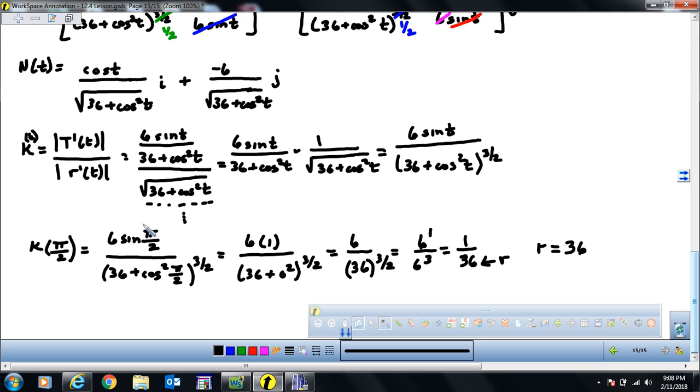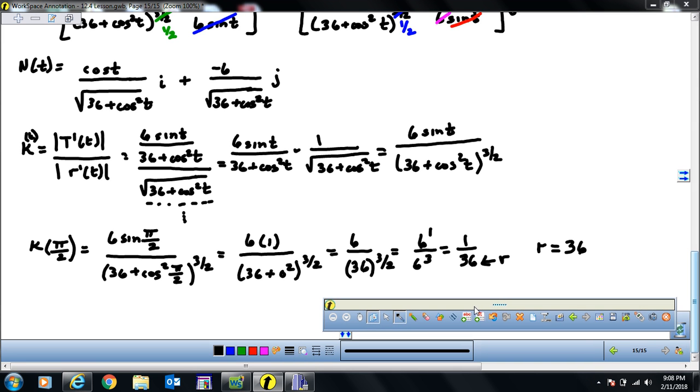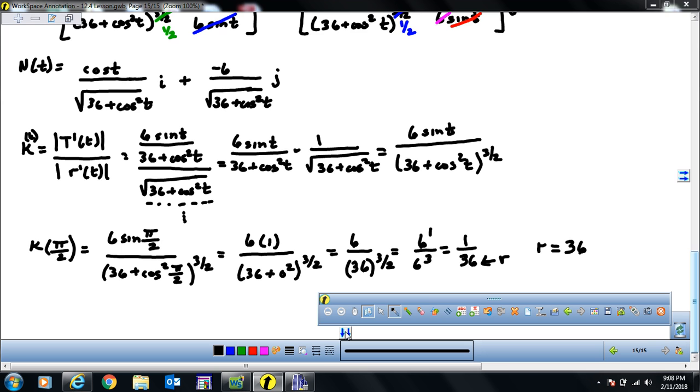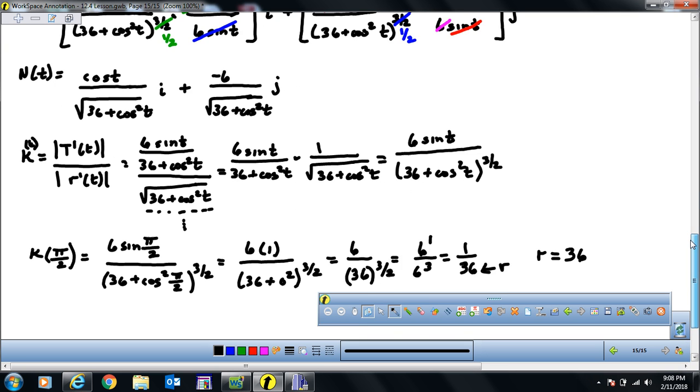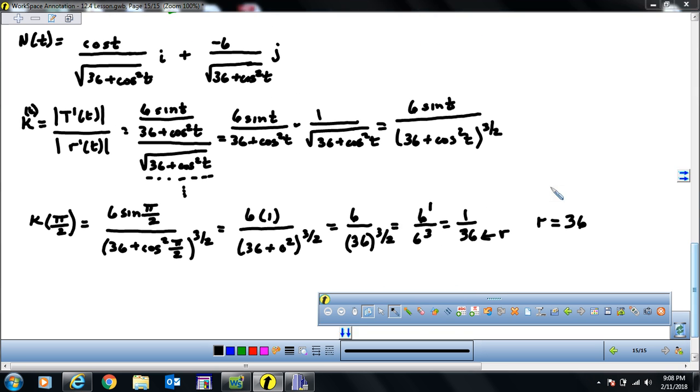Remember that the curvature is the same as 1 divided by the radius of curvature. Okay. Now, in order for me to see how far the normal vector goes, I need to multiply times the magnitude. So magnitude times its direction, in other words. First of all, let's find the direction in which it's going at pi over 2, going with the normal right here, at the direction that it's going at t equals pi over 2.